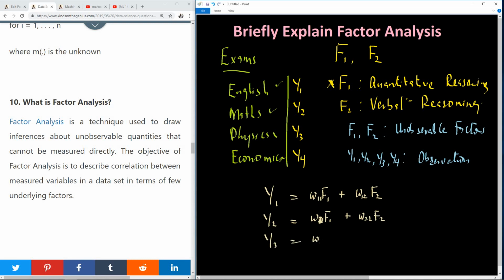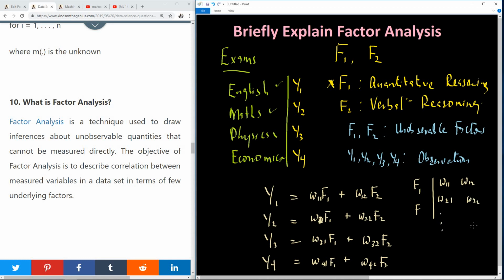Y3 is equal to W31 F1 plus W32 F2, and Y4 is equal to W41 F1 plus W42 F2. So this is what we have. We can say F1 and F2, and we have W11, W12, W21, W22, and so on.